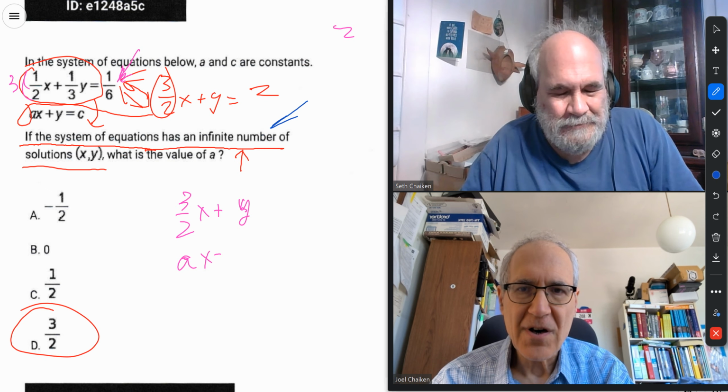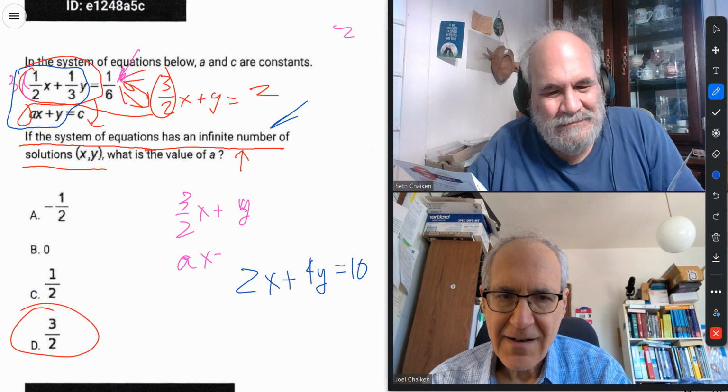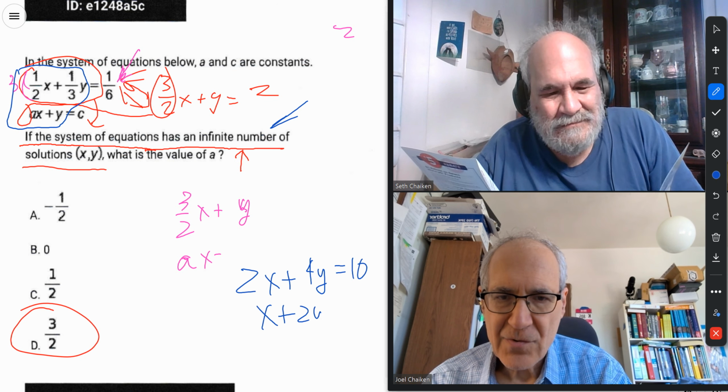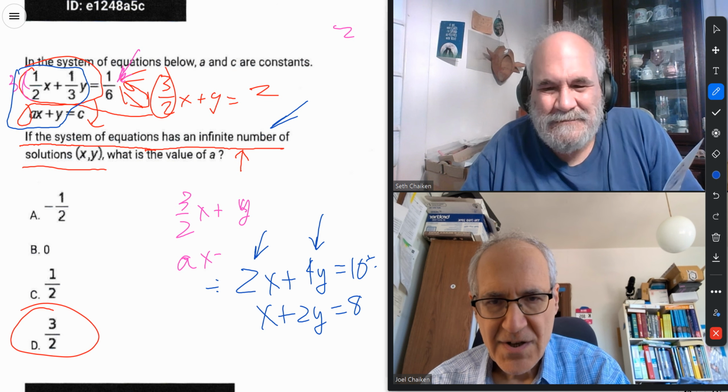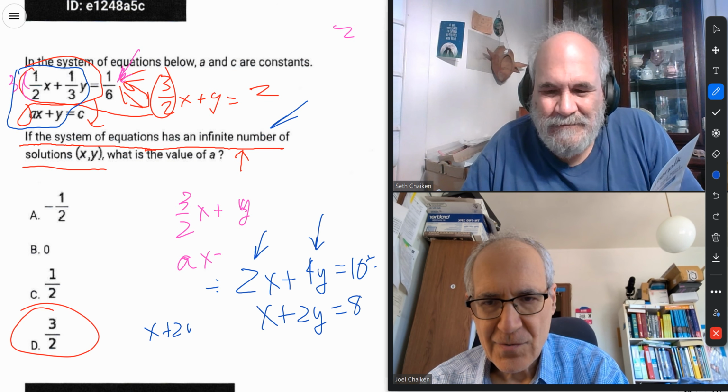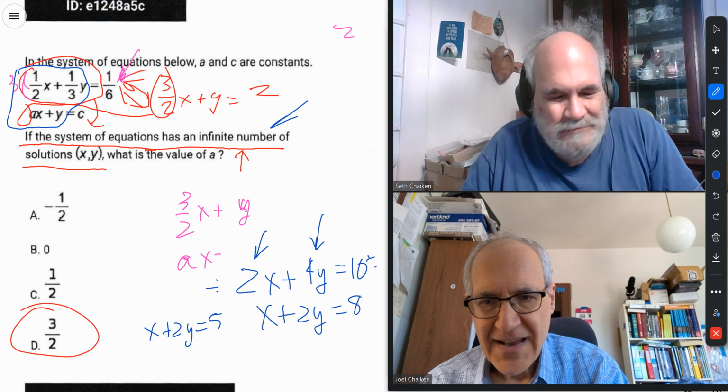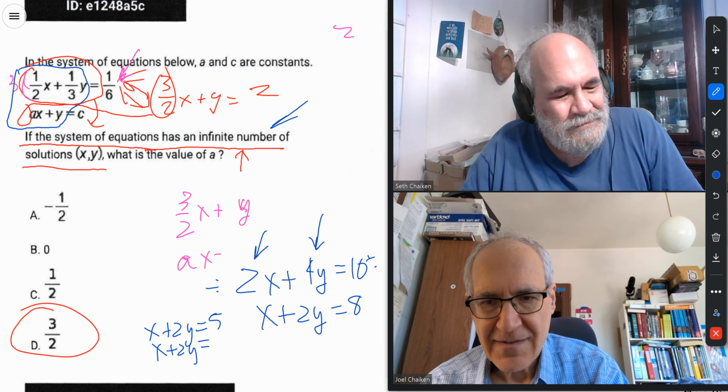2x plus 4y is 10, and x plus 2y is 8. You notice that the coefficients are not identical, but they can be if you divide this equation by 2. If you divide the first equation by 2, you get x plus 2y is equal to 5, and this is x plus 2y is equal to 8.